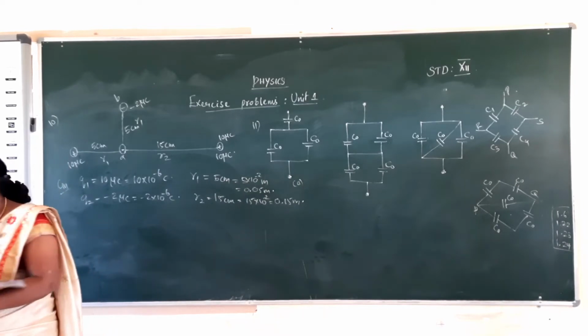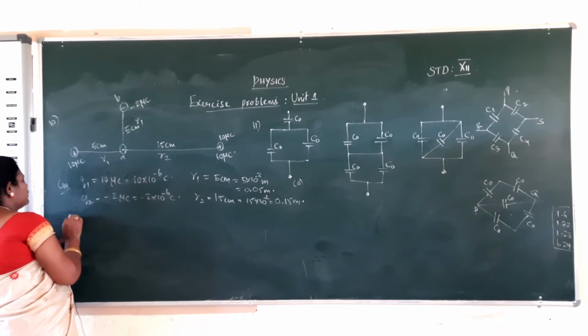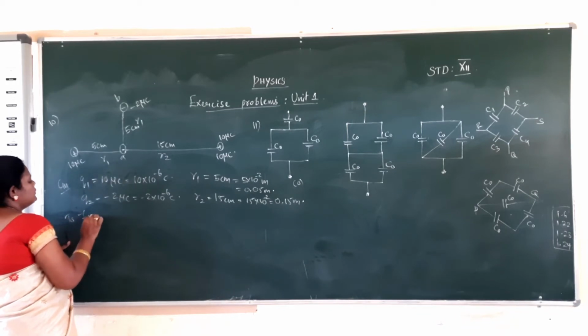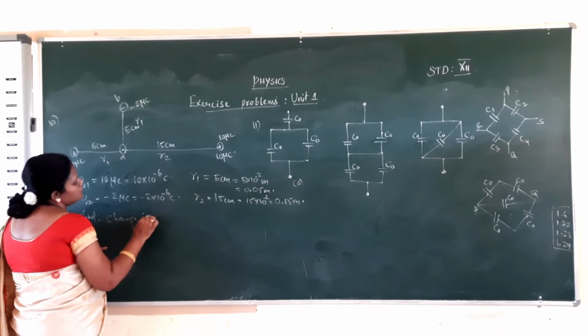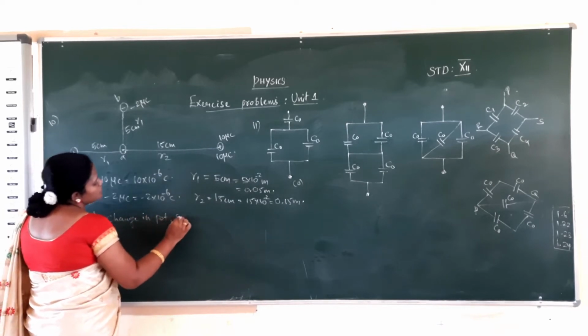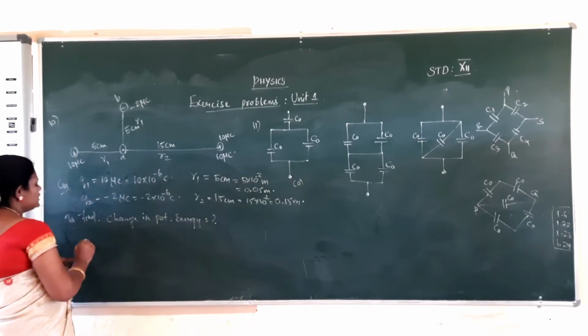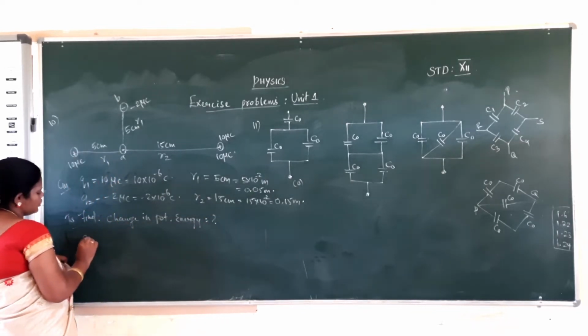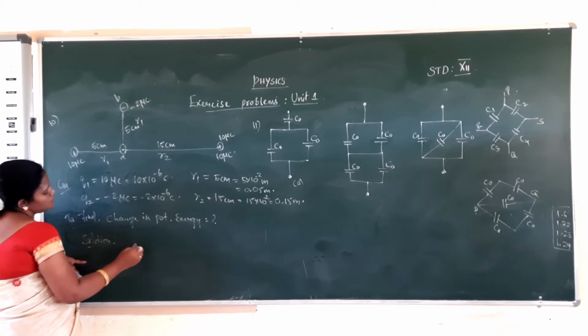How will you calculate the change in potential energy? Change in potential energy is equal to question mark. Then the formula: what formula do I have to take to solve the problem?